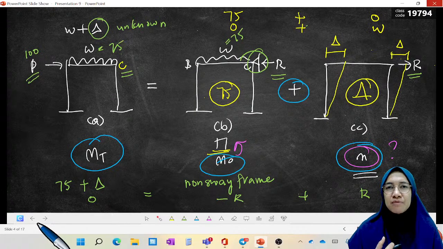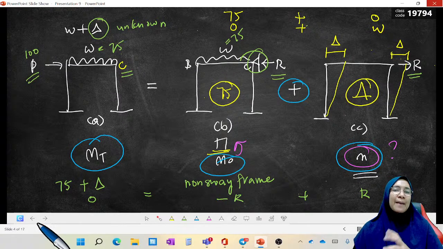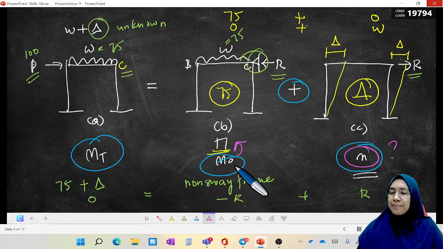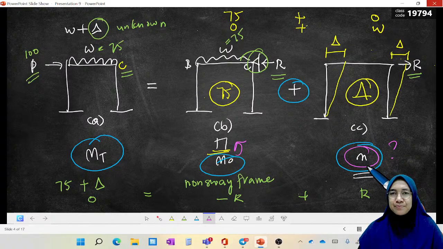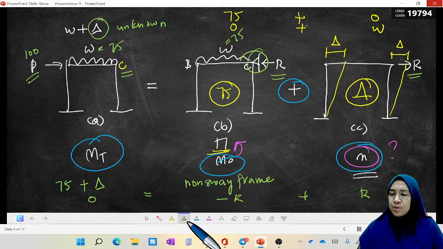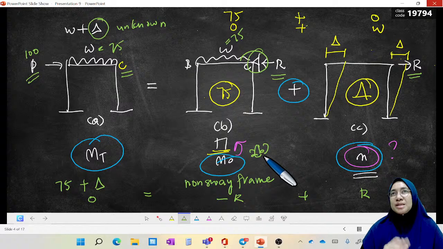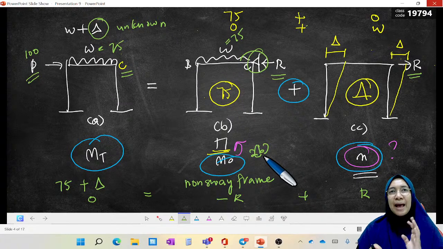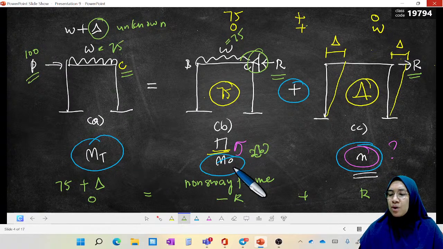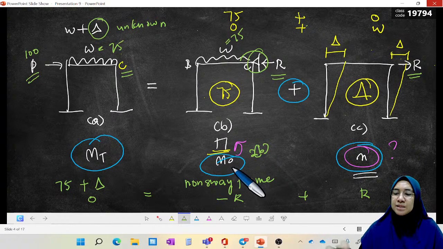From the principle of superposition, it is M total equal to M naught plus M. M naught we get from step 2B, which is table number 1. So it is M total equal to M naught plus M.